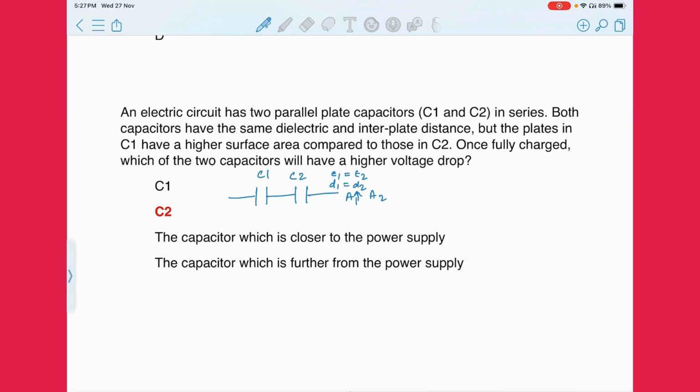So the same charge flows, but the voltage drop across each capacitor can differ based upon their capacitance, and the capacitance formula is the permittivity of the dielectric multiplied by the area divided by d.